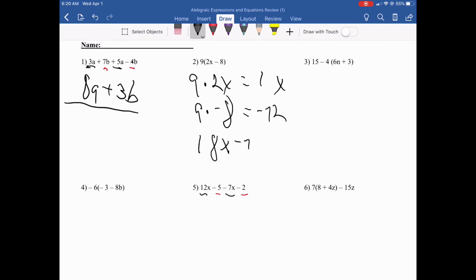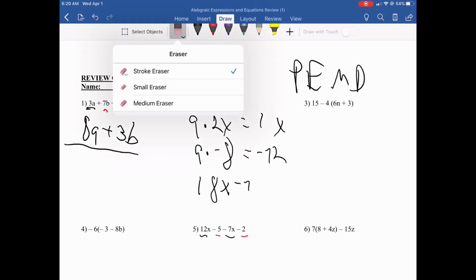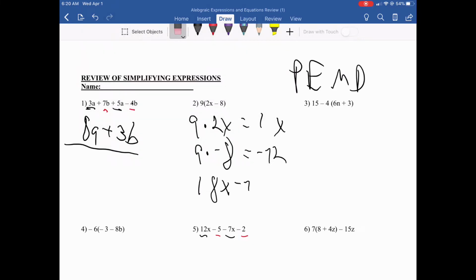So first we're looking for order of operations, PEMDAS. Parentheses, exponent, multiplication, division, adding, subtraction.